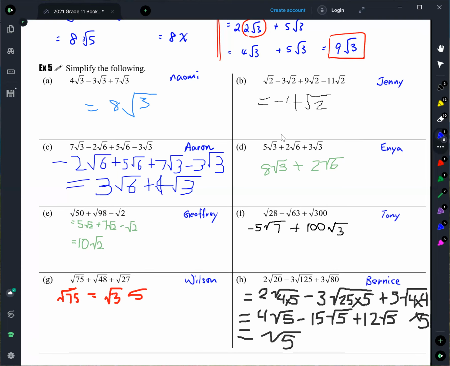Okay, so Wilson, for square root 75, the 5 should go in front of root 3, okay?